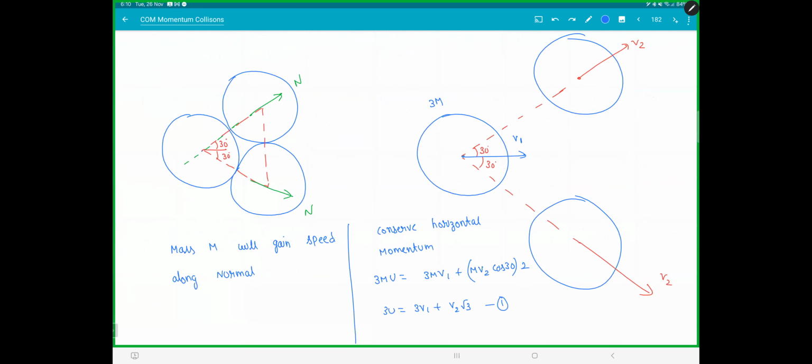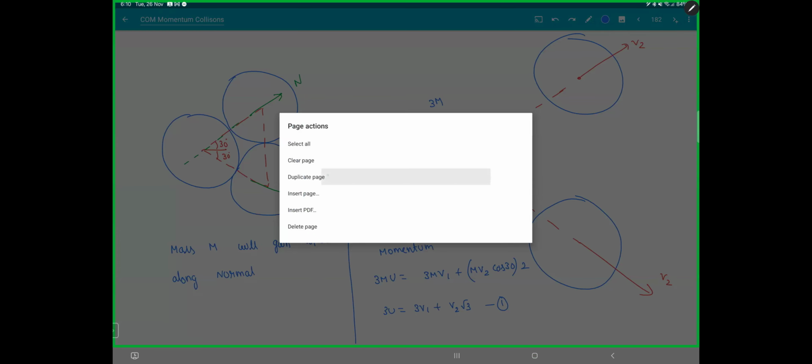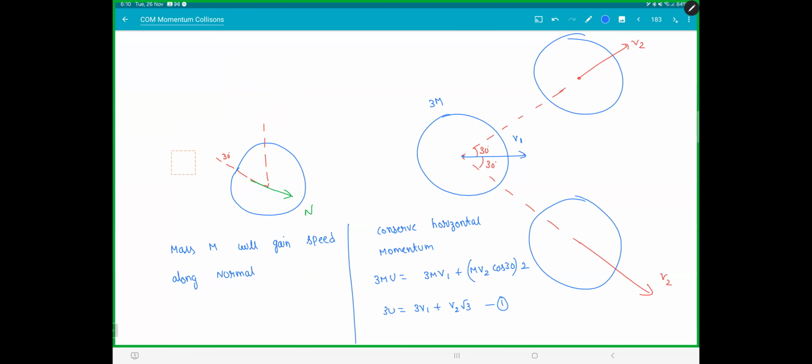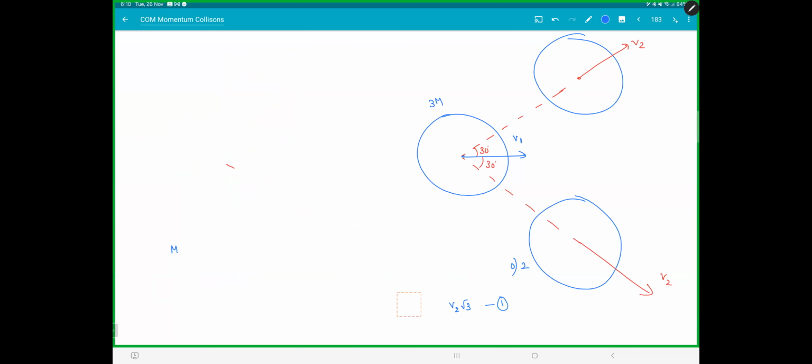So if you look at the velocities, this is just before collision.